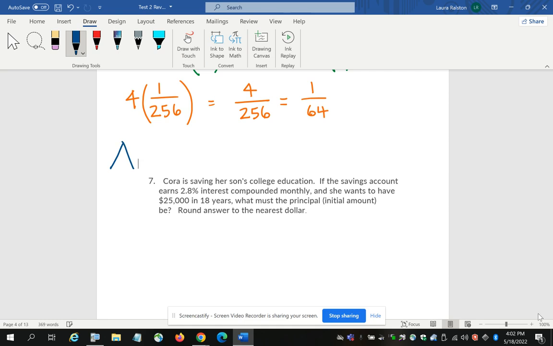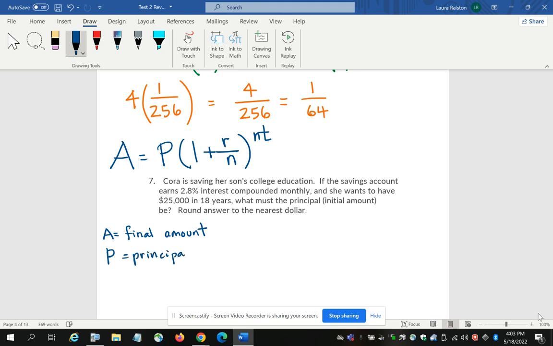The formula is A equals P times 1 plus R divided by N raised to the NT power. Now A here is your final amount. P is your principal or your initial amount.